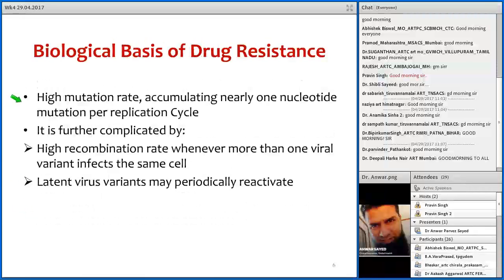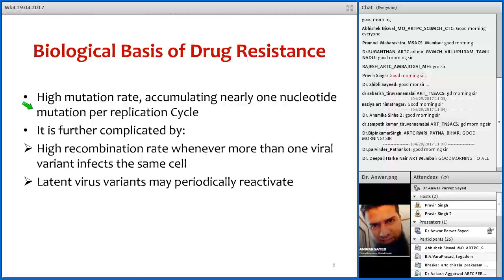Now what is the biological basis? High mutation rate, accumulating nearly one nucleotide mutation per replication cycle. We said that the virus will replicate very fast. There will be rapid replication of the viruses. So the rate at which mutations are developed is very high in HIV.